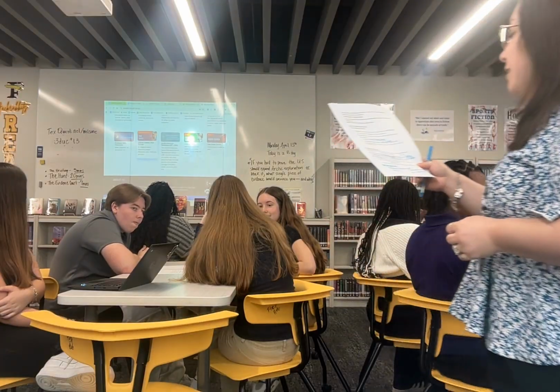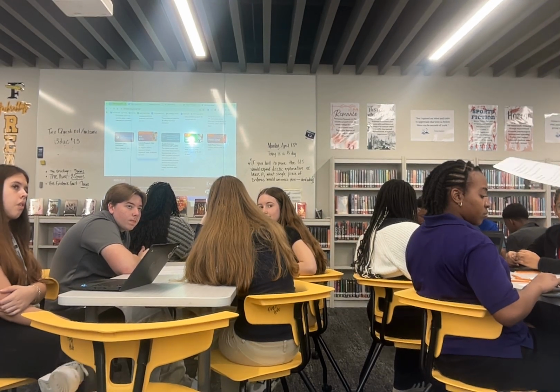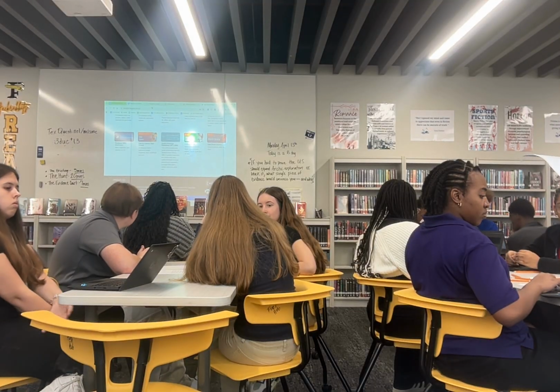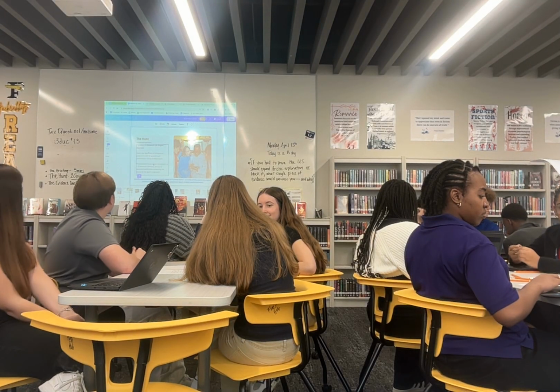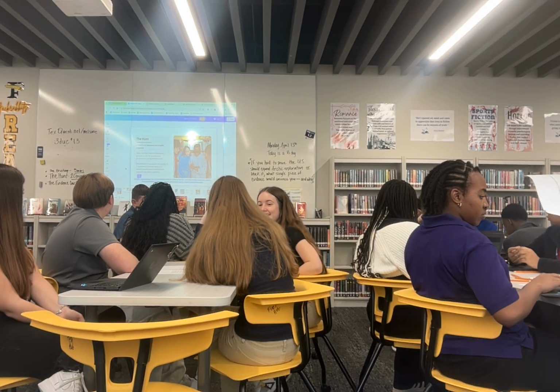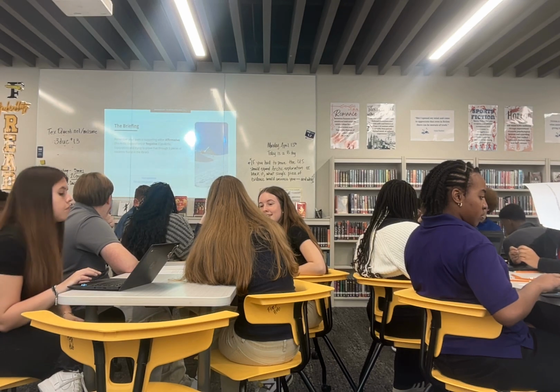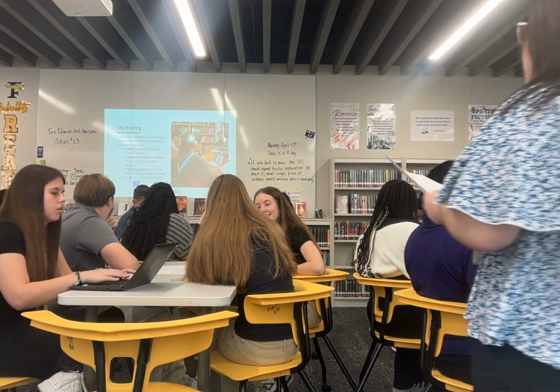All right. The last thing I'm going to show you, and then I'm going to let you go. You have 20 minutes after that. Last thing, if you look at the slides, your primary sources.